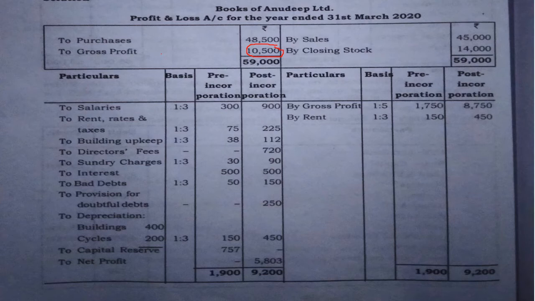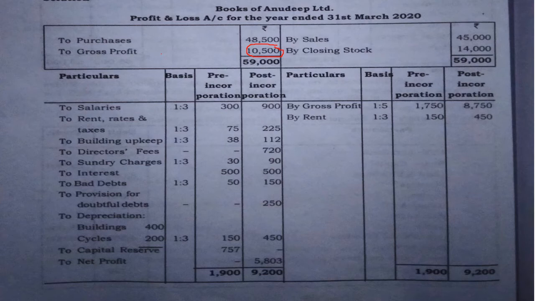Okay, so first you record purchases, that is to purchases 48,500, then by sales 45,000. The entire sales you have to take, because we don't know the pre-incorporation purchase and the post-incorporation purchase. So we took the entire purchase value, so you have to take the entire sales value.